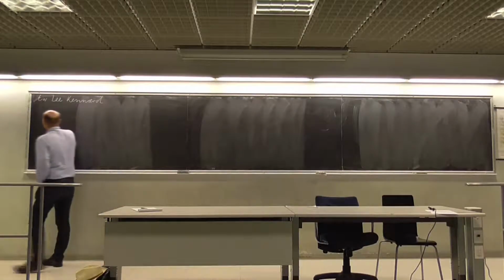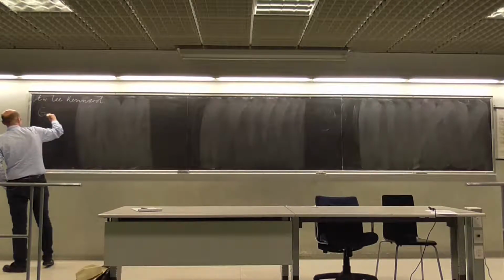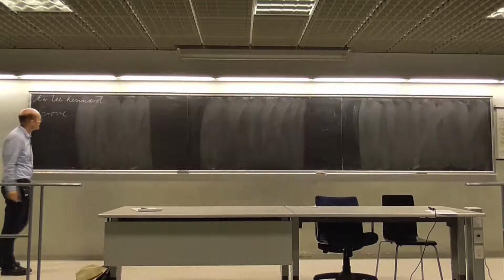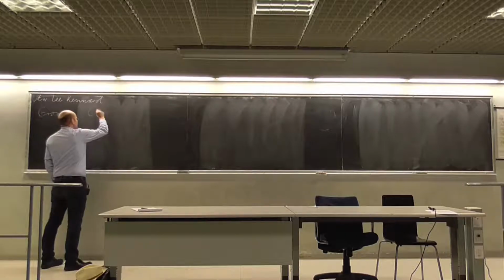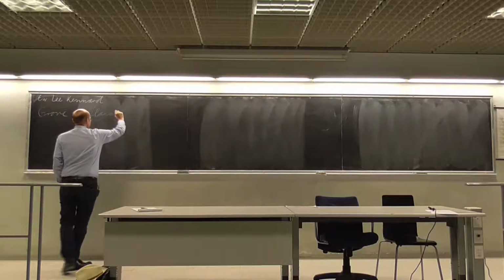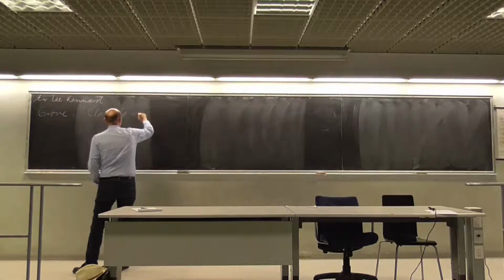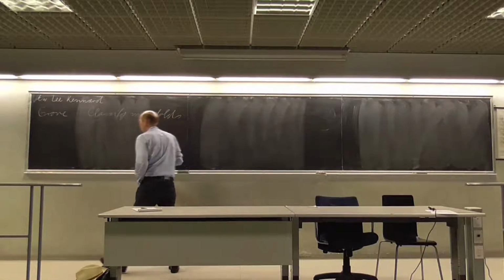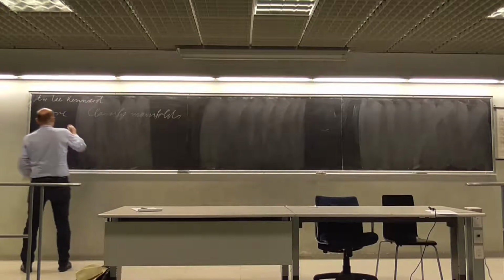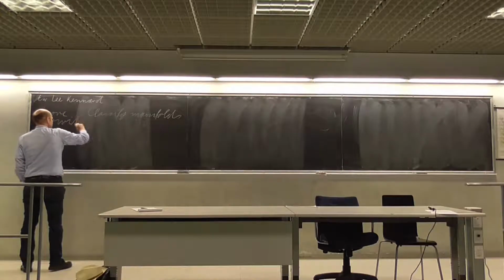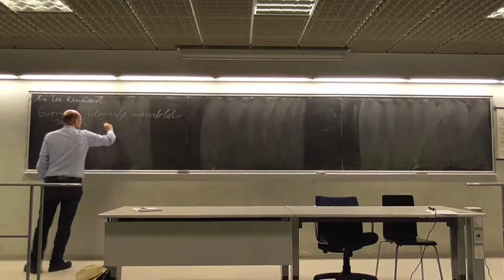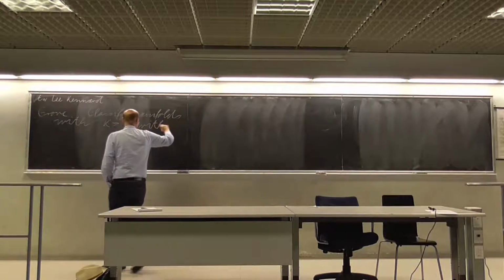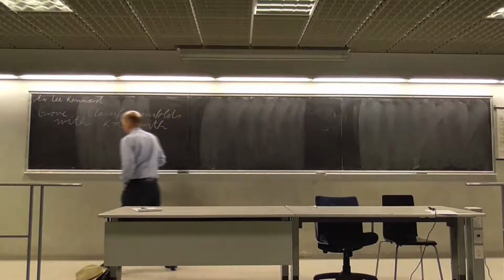So Grove suggested, inspired by previous work of Hsiang and Kleiner, to classify manifolds with positive sectional curvature with sufficient symmetry.